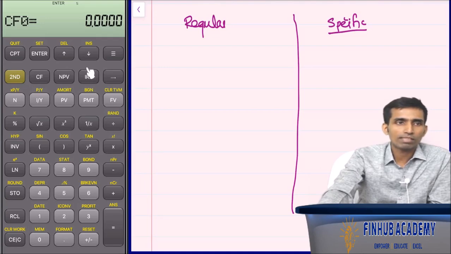This line is all about time value of money. This one is your percentage. This is your square root, square, 1 by x reciprocal. This is division. This is inverse. This is bracket close, open, pi, raised to x.